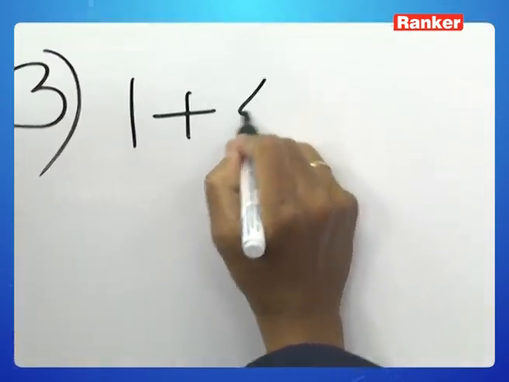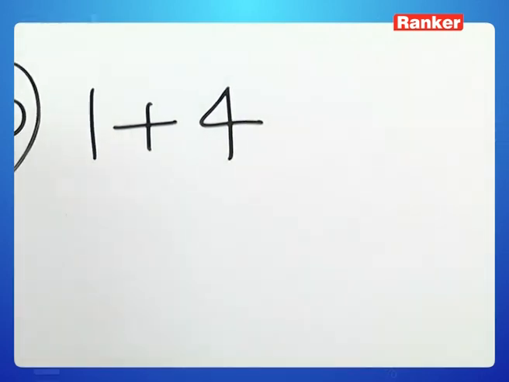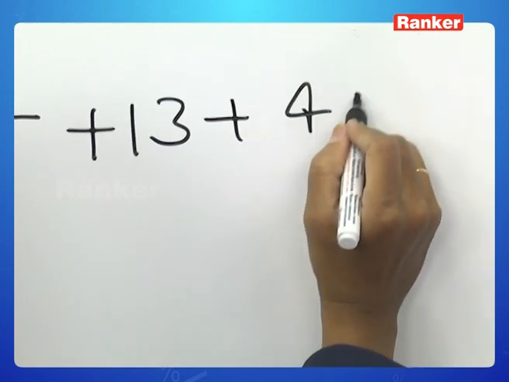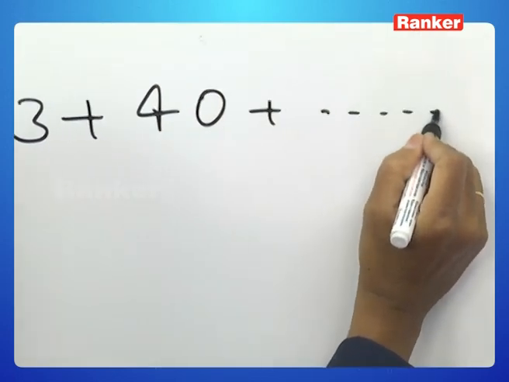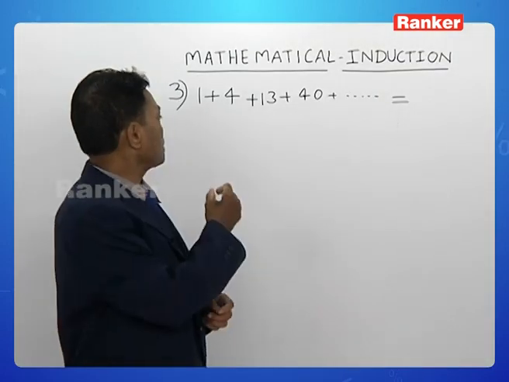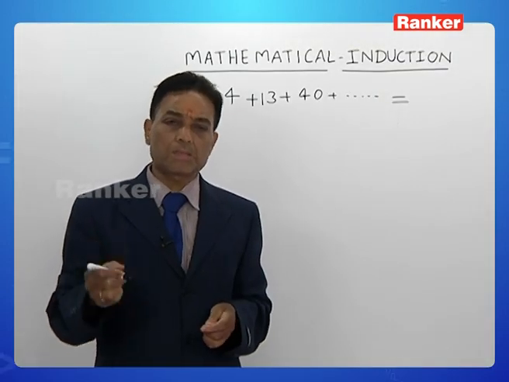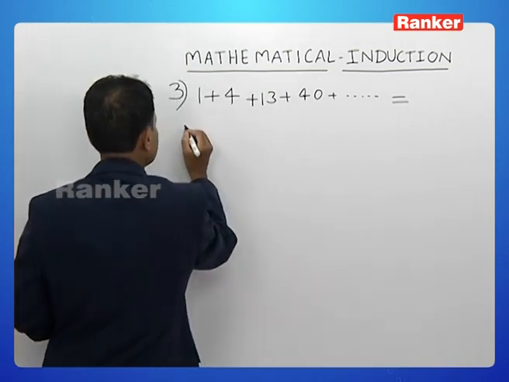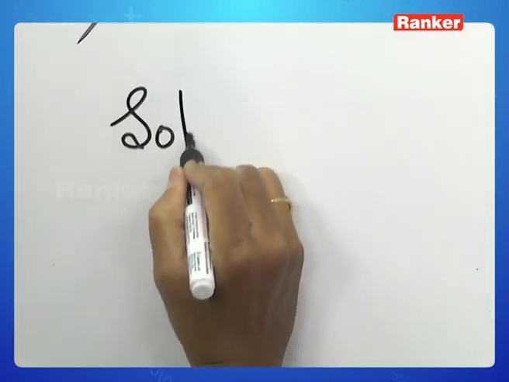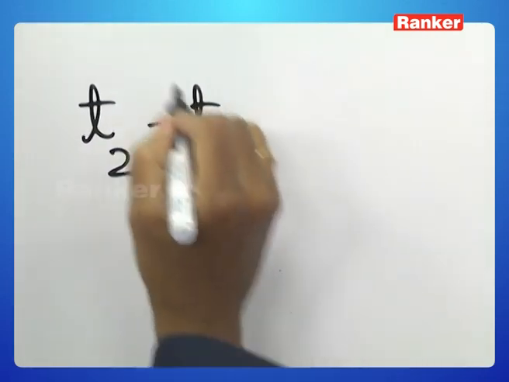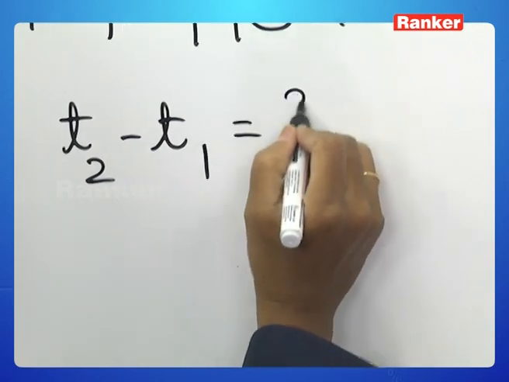1 plus 4 plus 13 plus 40 and so on. What is the sum of the terms up to n terms? Let us find the nth term here. T2 minus T1, 4 minus 1, is 3.